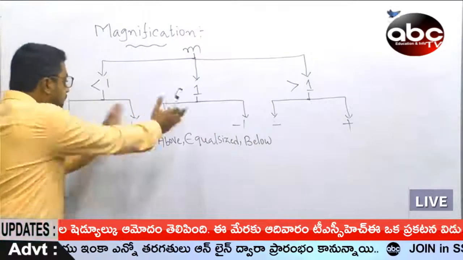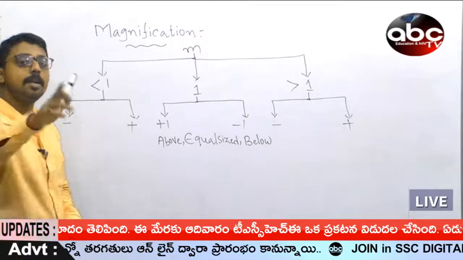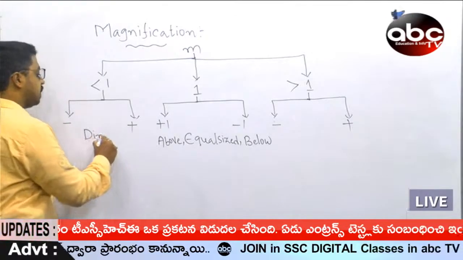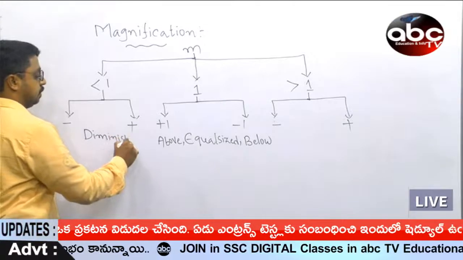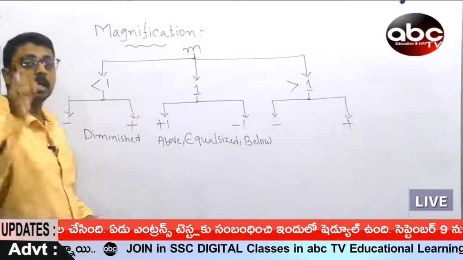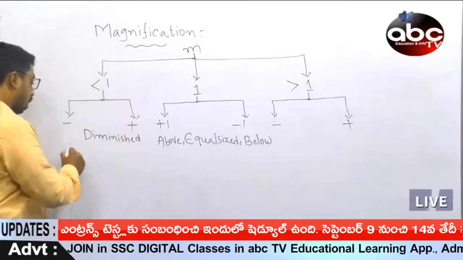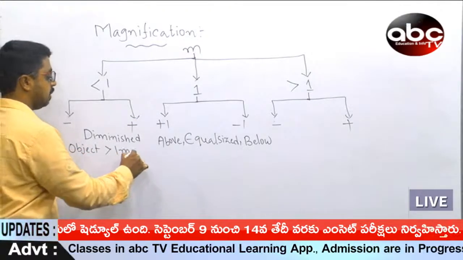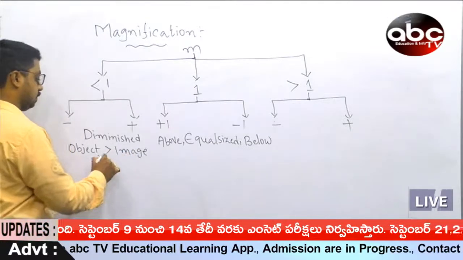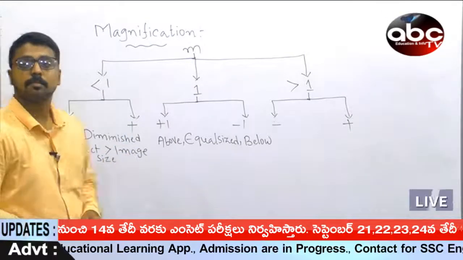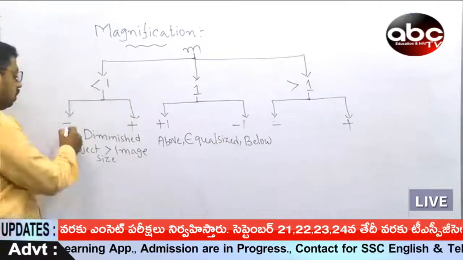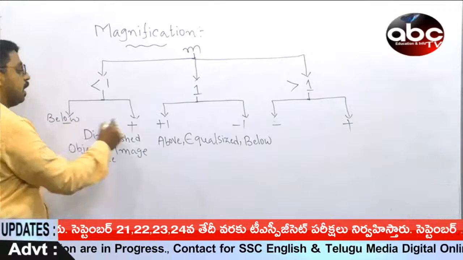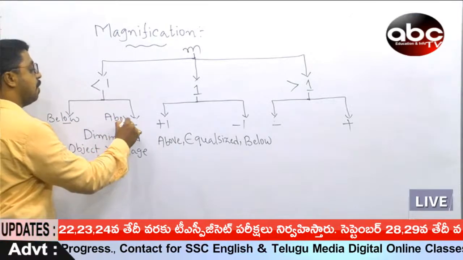Now, suppose less than 1 comes, how should we identify it? It is nothing but a diminished image, where the object is greater in size than the image. Here also, if it is minus, it is below. If it is plus, it is above.